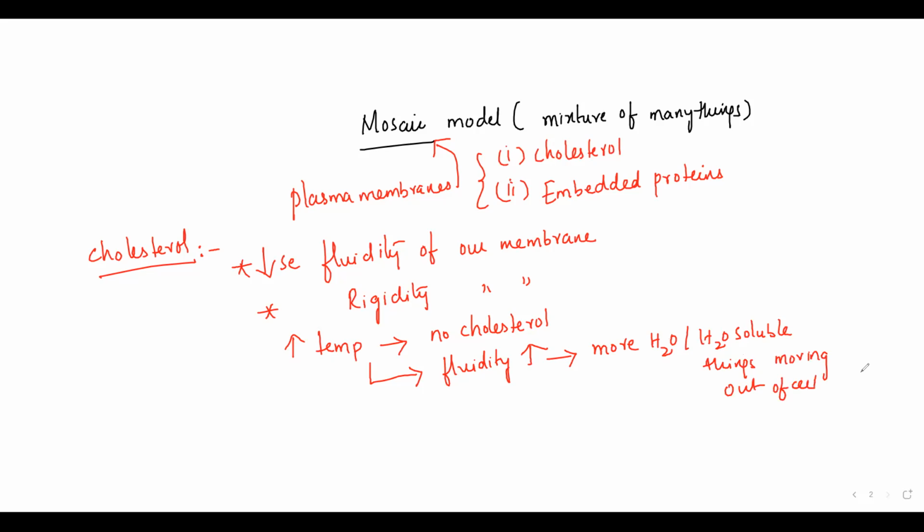So imagine if the water is moving out of the cell, this would have led to the dehydration process, but we are trying to avoid the dehydration just because luckily we have the presence of this cholesterol inside the plasma membrane, which is increasing the rigidity, which is decreasing the fluidity, by which even at high temperatures the cholesterol is going to avoid the leakage of water molecules from your cell.